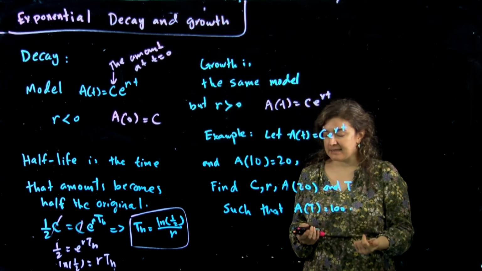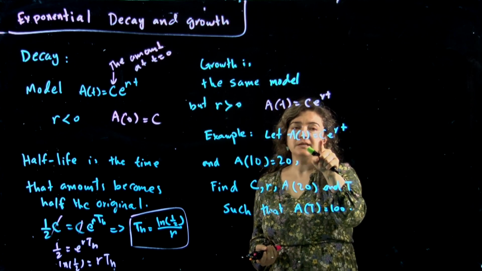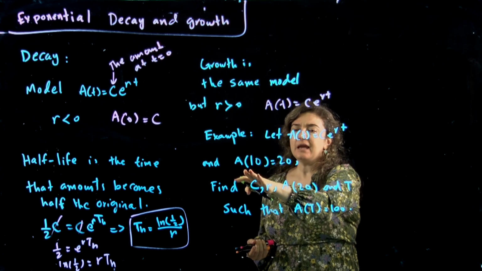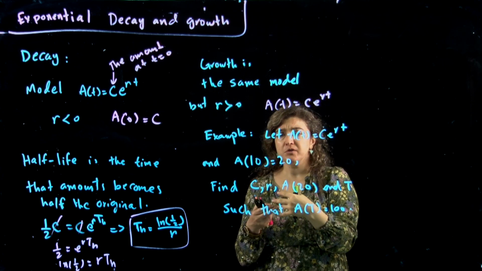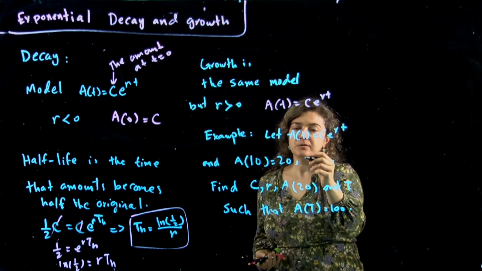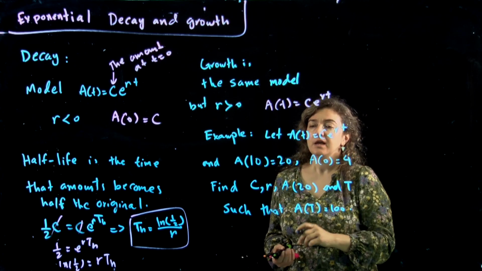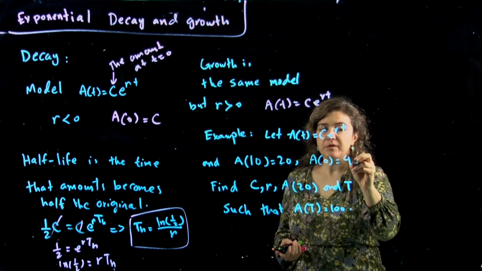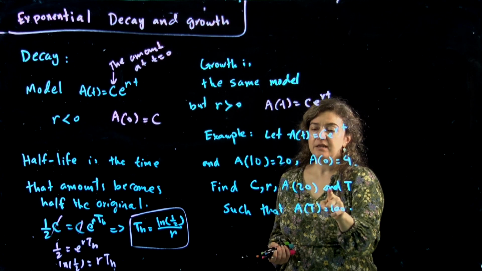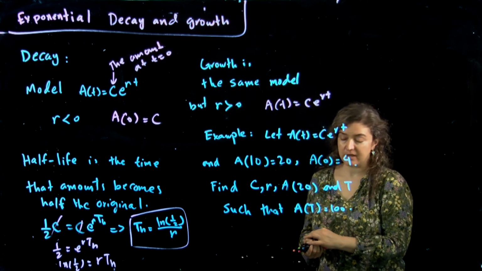Now let's do an example. Let's say a of t is equal to c e to the power rt is the model, and a bunch of information is given. Let's say a of 10 is equal to 20, a of 0 is equal to 4, and then can we find c, r, a at 20, and t such that a of t is equal to 100?